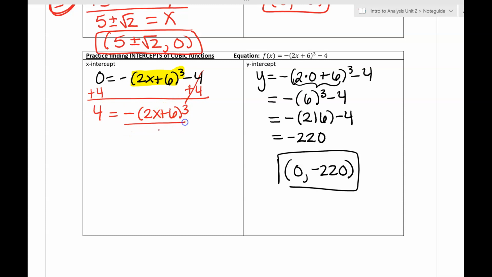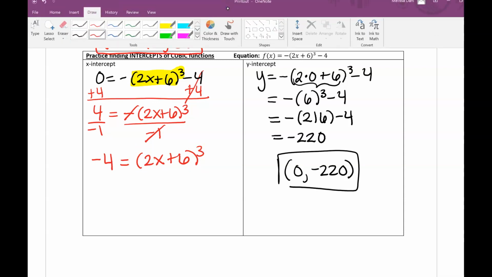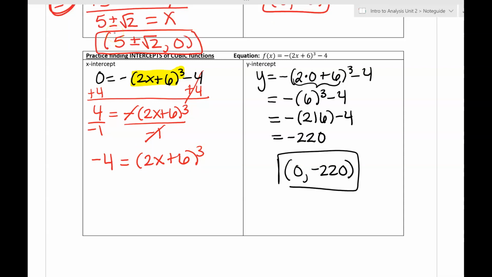And then I'm actually going to divide by -1 because we want a positive lead coefficient here. So I'm going to have -4 equals 2x plus 6 cubed. And then to get rid of the cube, I do want a cube root, just like I wanted to square root. And so that will give me 2x plus 6 on this side.